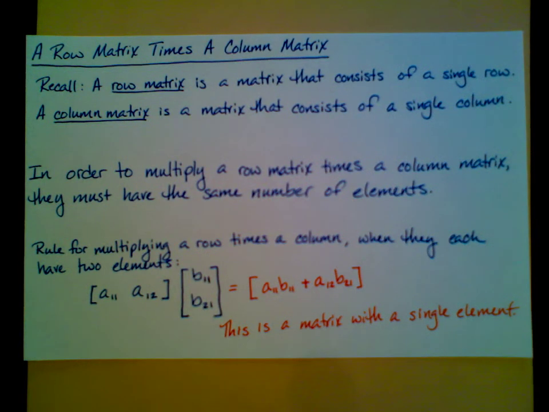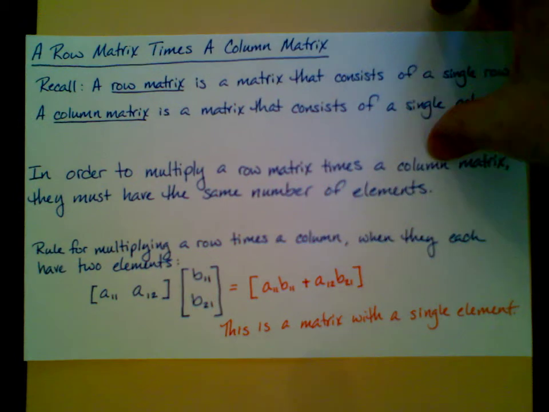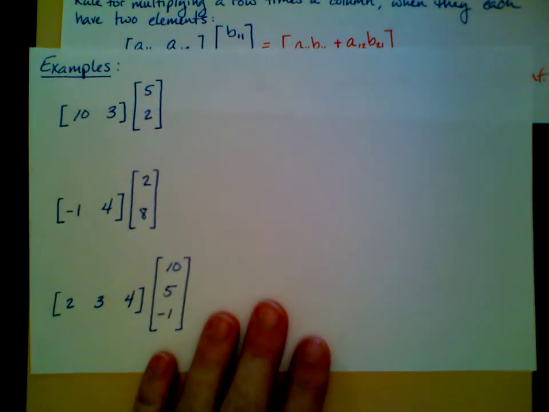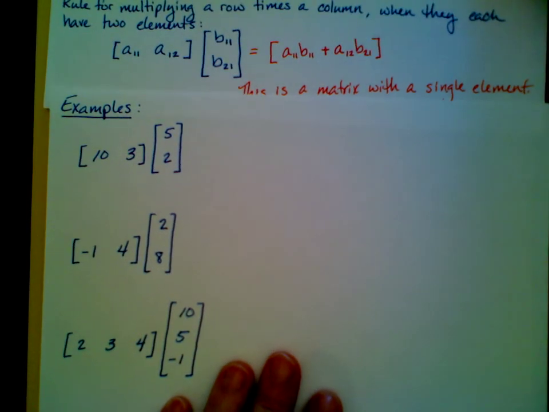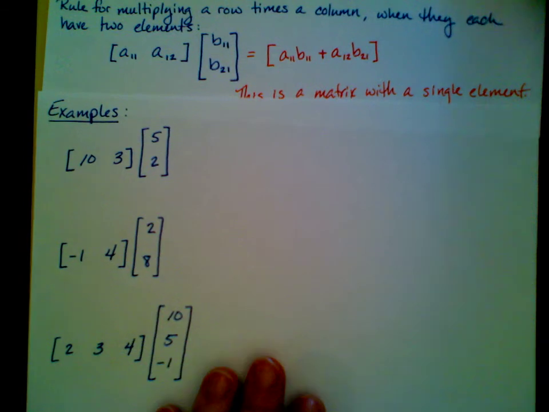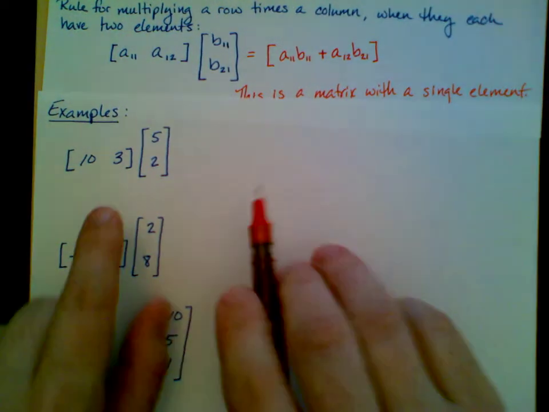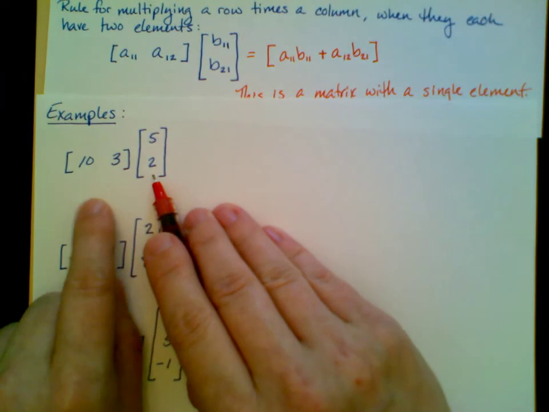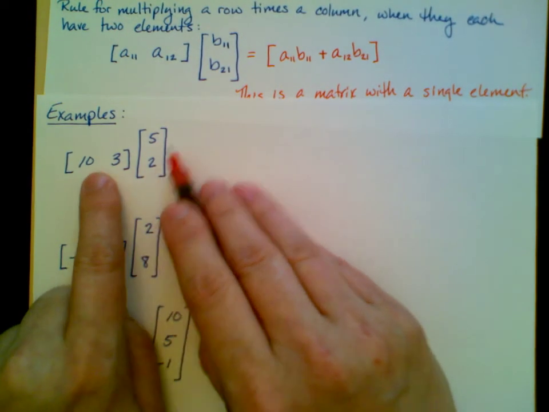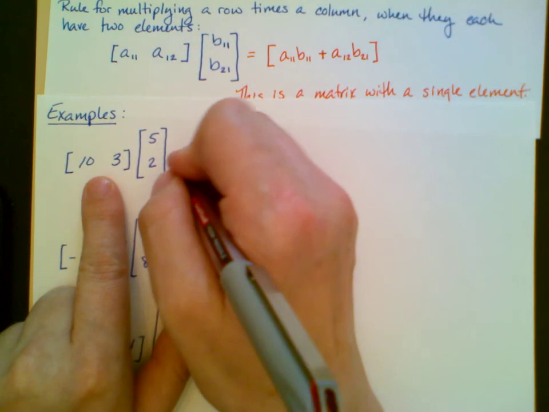So let's have some examples of this. I'll have my formula up at the top there. So I've got my single row times my single column, the nice small 2 element ones, the way that our rule works for.